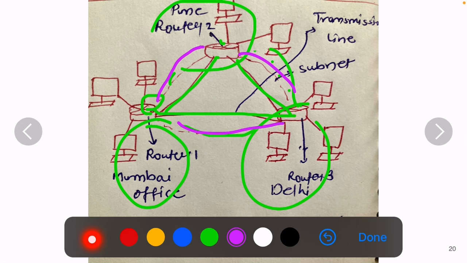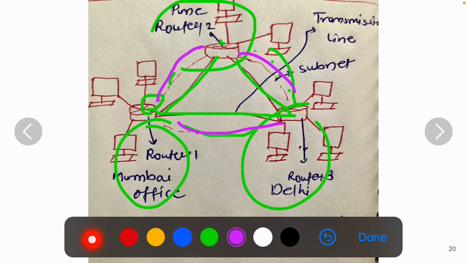So what is a transmission line and what is a subnet? I am explaining transmission lines first. Transmission lines move bits between machines, and they can be made of copper wire, optical fiber or even radio links. With the help of that you can transmit data from one location to another.